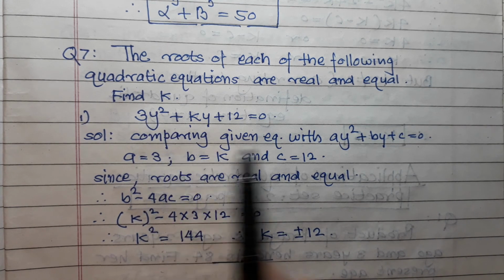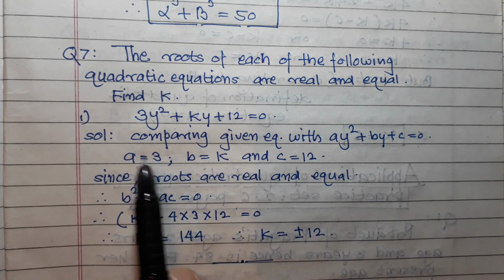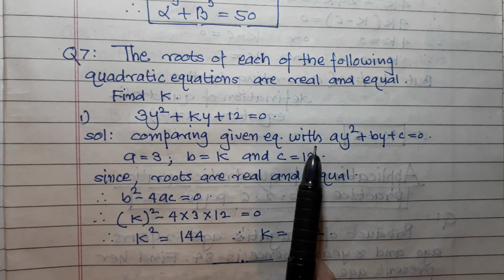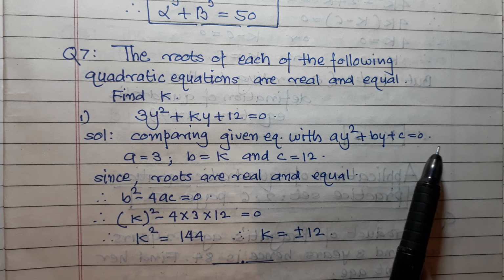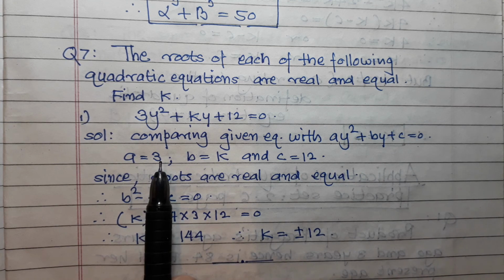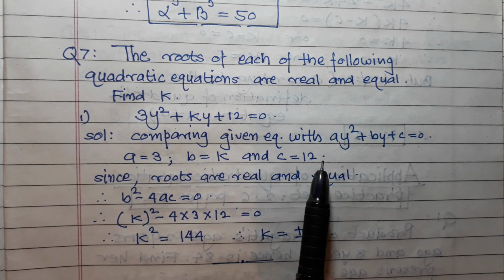Compare with the standard form of quadratic equation. Comparing the given equation with ay square plus by plus c is equal to 0, a is equal to 3, b is equal to k, and c is equal to 12.